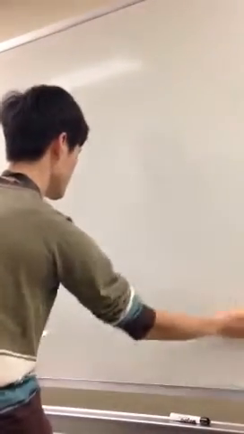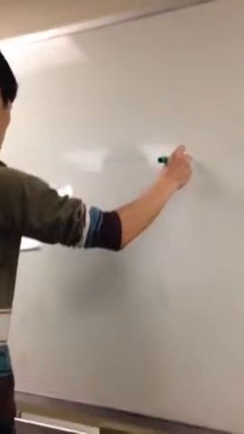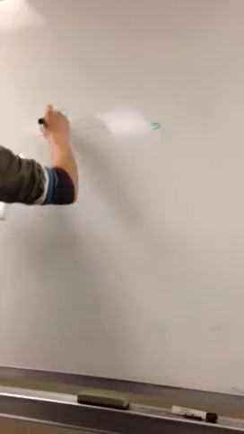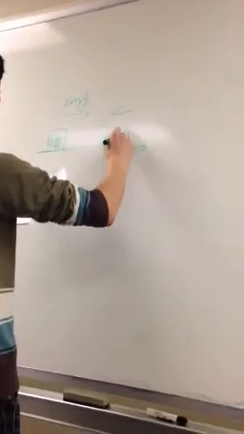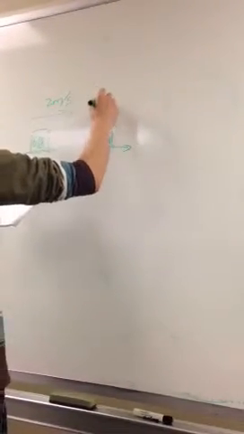And then the next question. A 6 kilogram object moving in the positive direction at 2 meters per second has a one-dimensional elastic collision with a 4 kilogram object moving 3 meters per second in the opposite direction.